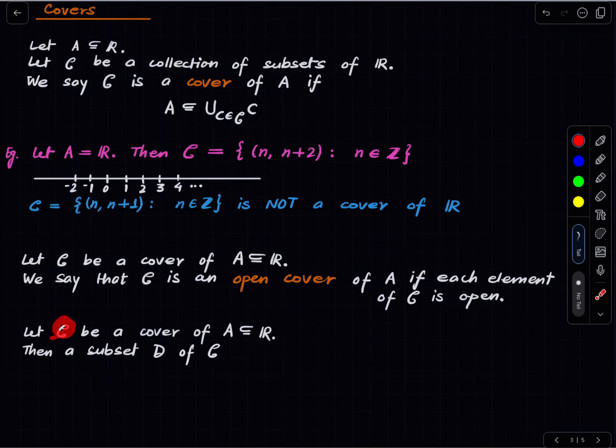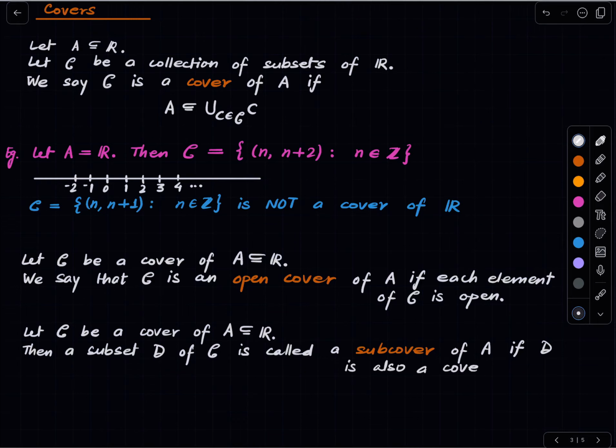We had a collection of subsets of R. We are considering a subset of it, meaning we are throwing away some of the things here and retaining some of them. So a subset D of C, or you can also call it a subcollection, if you will, is called a subcover of A if it is also a cover of A. A very, very simple definition.